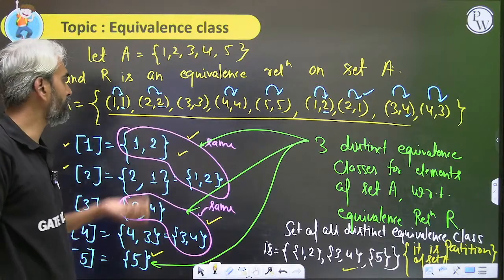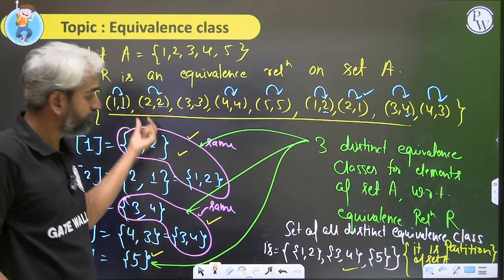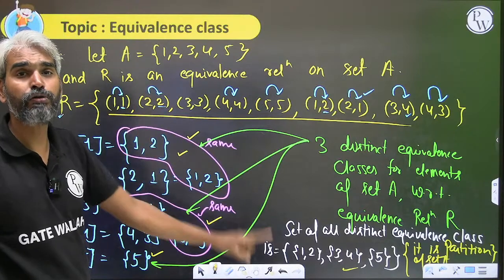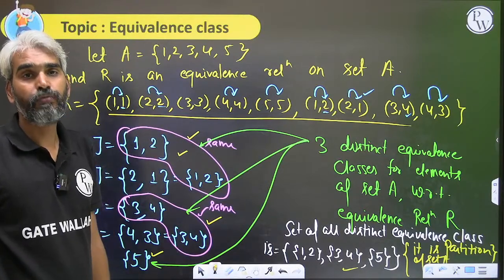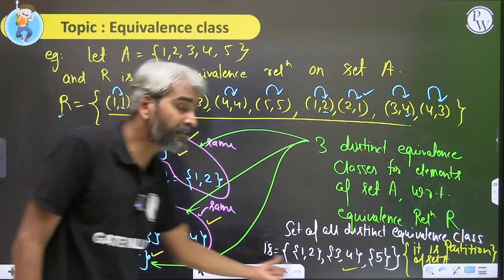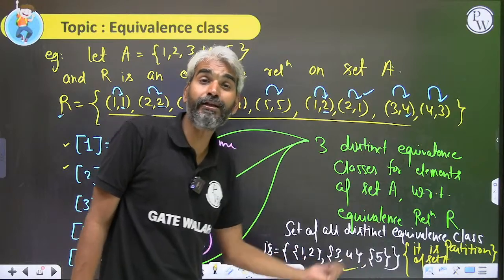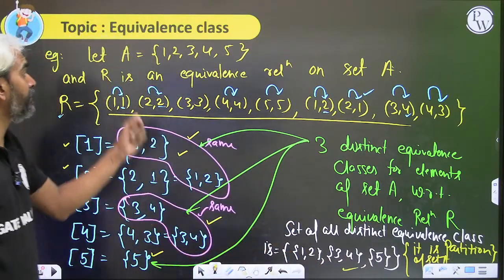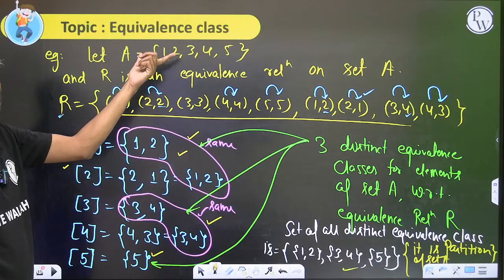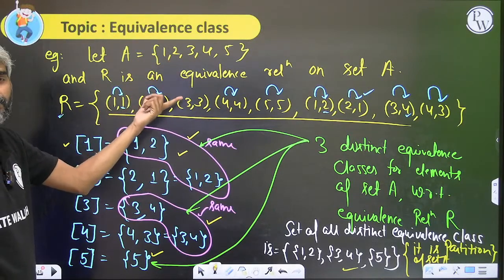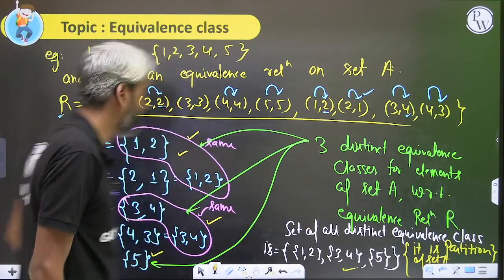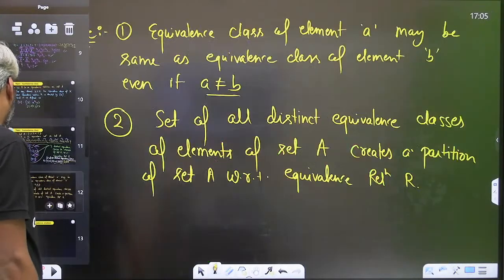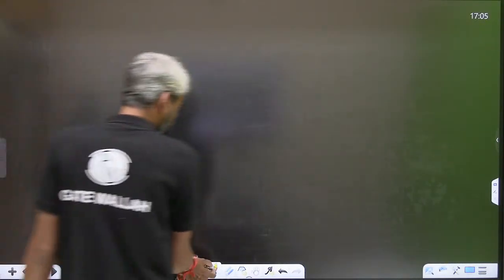That means if you know the equivalence relation, you can obtain the partition. But what if the partition is given? Can you identify the equivalence relation with respect to which that partition is created? Yes, sir, that is also possible.